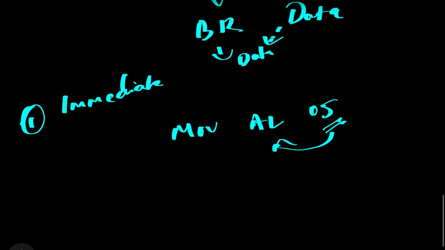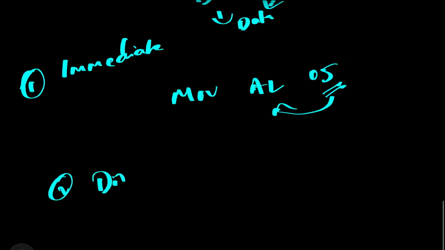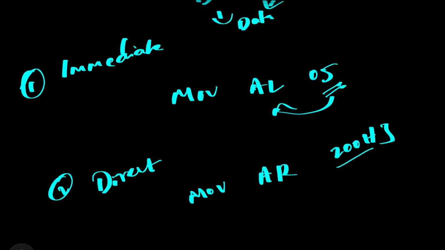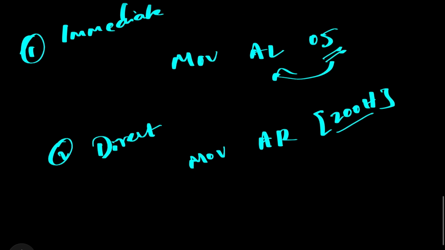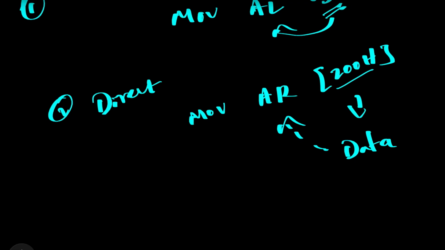Now we go for the direct: MOV AL, and some address, which for your understanding we can write in square braces. The data inside this address will be sent to the register AL. This is direct because here we are not giving the data, instead we are giving the address.